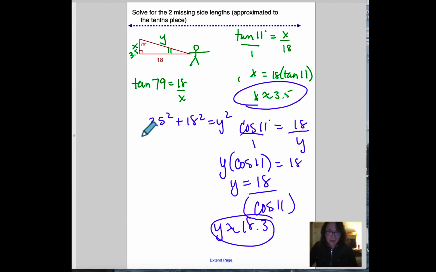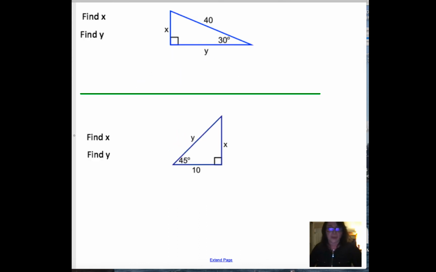Had I done it this way, what would that have been? 3.5 times 3.5 plus 18 squared equals about 336. When I square root that answer, I get about 18.33 again. So I get the same answer either way, so you're fine.